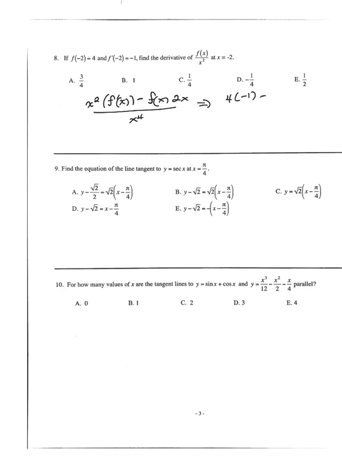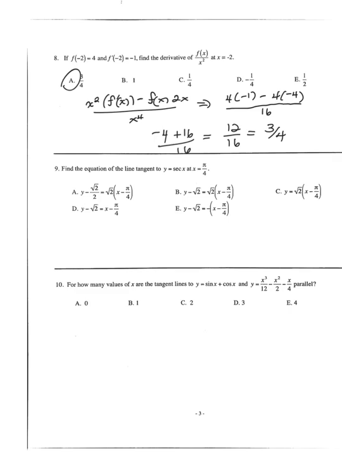Minus f of negative 2, which is 4, times negative 4, over negative 2 to the 4th power is 16. So now I have negative 4 plus 16 over 16. Well, that's 12 over 16, which is 3/4.